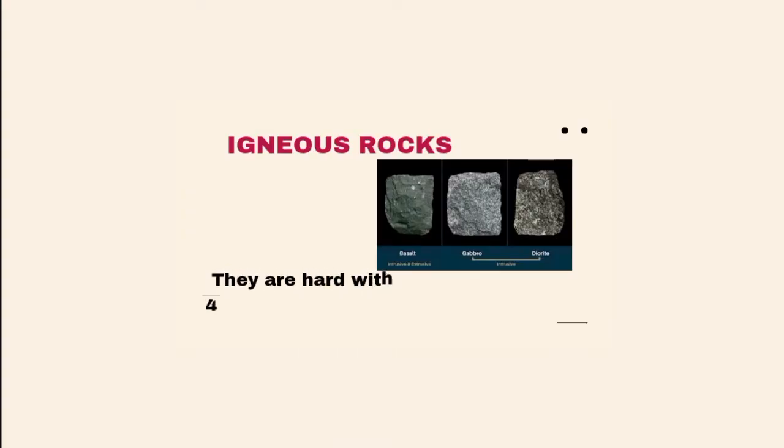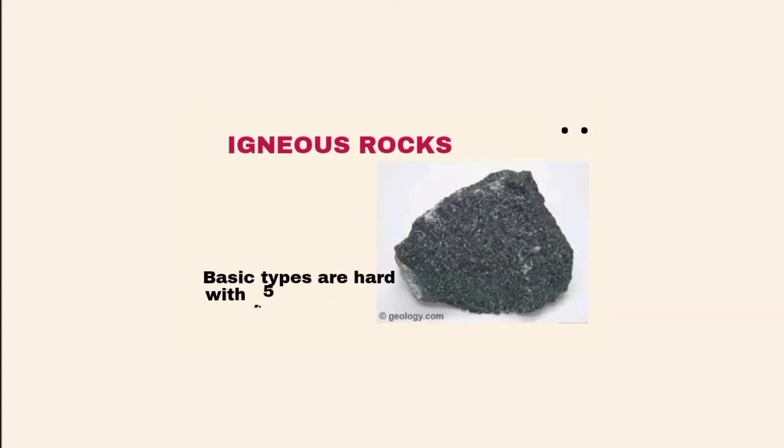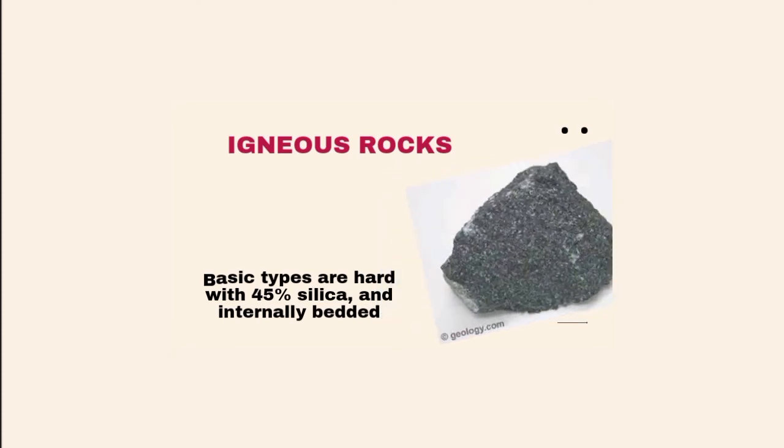Examples are acidic igneous rocks like granite, which has 66% of silica, but when they are darker or rich in iron and magnesium or basic oxide, they become either basic rock or ultra basic rock with less silica content and more of basic oxide.